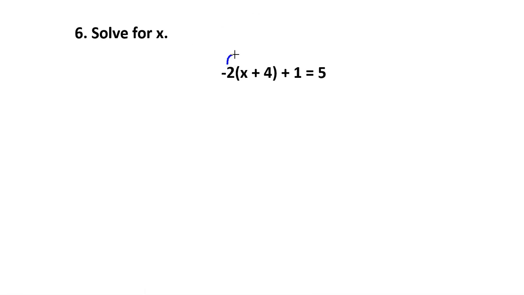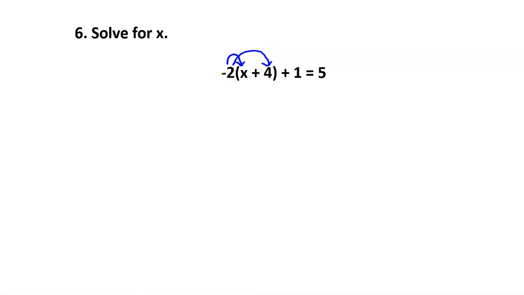So I'm going to distribute the -2 to the x and the -2 to the 4. Now remember, we need to make sure we're paying attention to that negative, okay? We always want to make sure we're paying attention to that negative right there.